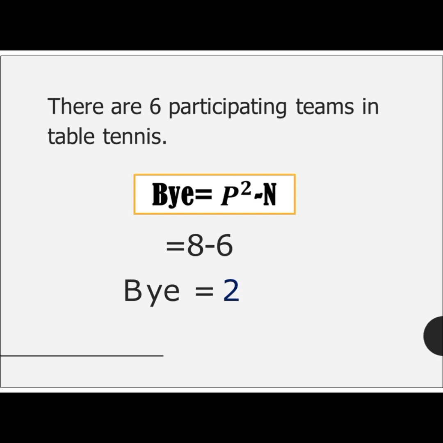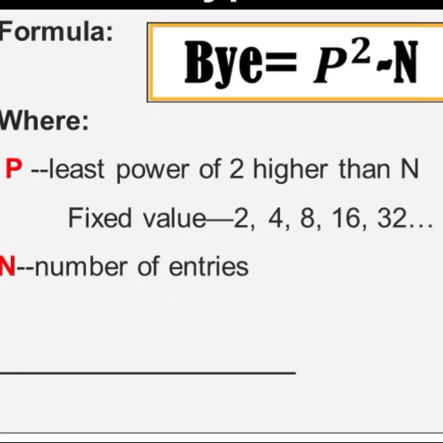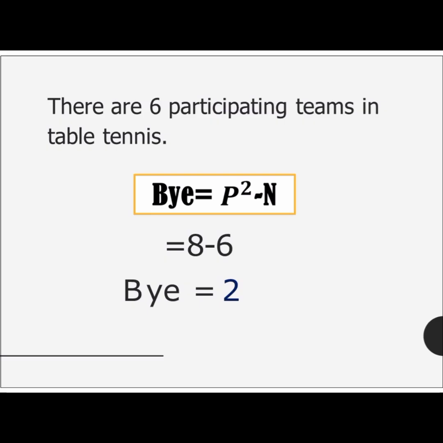Kumbaga, dapat sagapin natin ang least power of 2 na mas mataas sa atin na number of teams. Okay, so 6, mas mataas sa 6 ang 8, diba? Kita nyo ang 8. So it means, kinuha natin ang 8 para i-minus natin sa number of teams natin para mabuo natin ang bye.